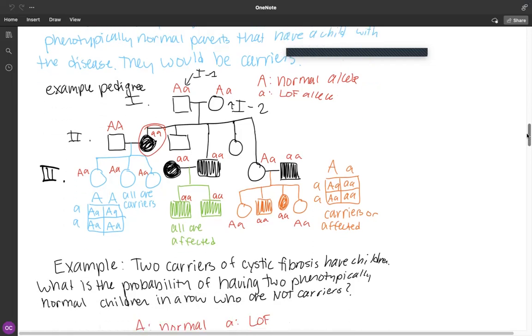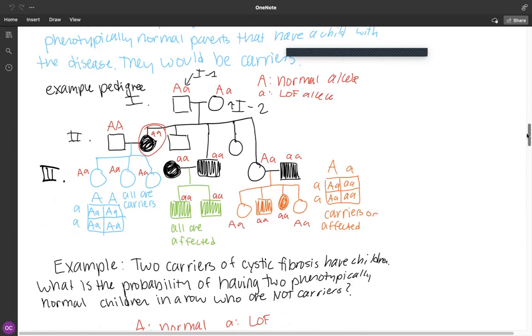And I've given you different examples of breeding combinations that can produce different kinds of offspring, whether they're phenotypically normal but not a carrier, phenotypically normal and they are a carrier, or if they are affected.